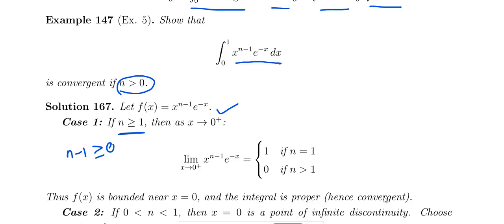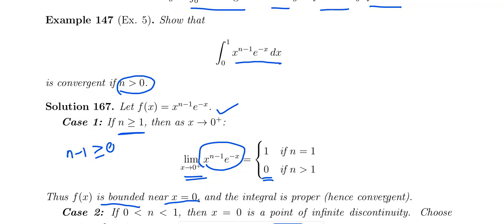As x tends to 0 plus, for n equal to 1, n minus 1 is 0, so the limit of x power n minus 1 e power x is 1. For n greater than 1, it is positive and 0 to a positive power is 0. So in both cases f of x is bounded, since both are finite values.